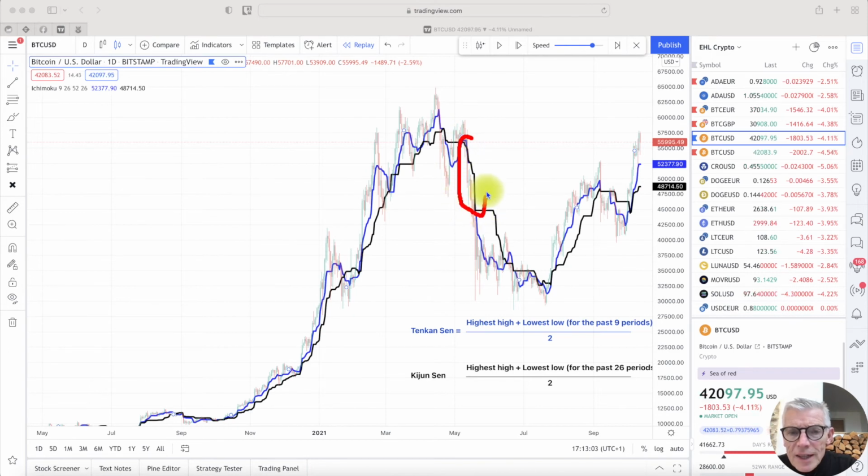Again, Kijun Sen and Tenkan Sen were moving down together, and that meant very high momentum of the price drop. And we see this here as well. So I should think that momentum will take the price even higher. But let's have a look whether that's going to pan out like that.